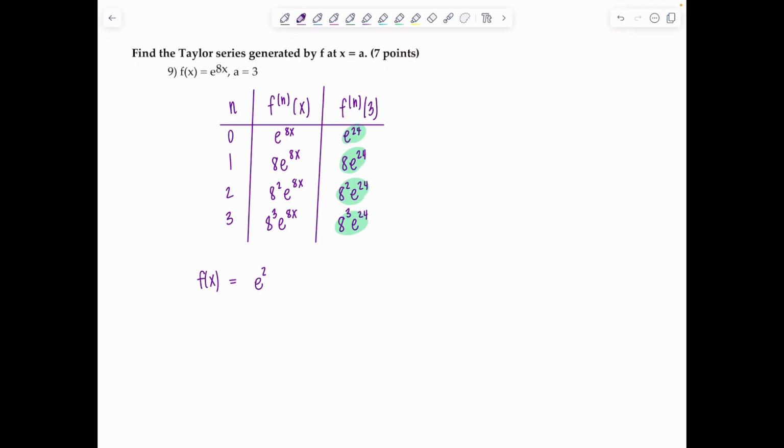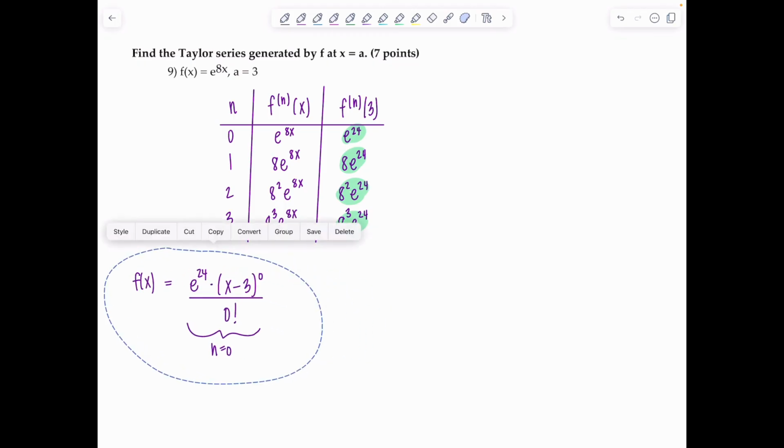So that's the first part. Then you always have x minus a to the n, so x minus 3 to the 0 over n factorial. So this is for my n equals 0 term. Okay, let me scoot this over so I can fit all of them. Then let's move on to the next one.